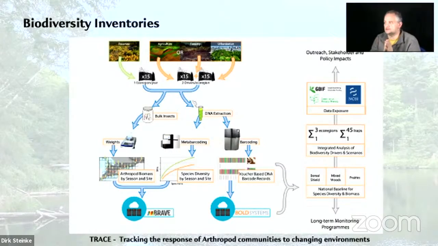You pick these traps and replicate them, several of them across different ecoregions of interest. And then here it's a bifurcating process. We do bulk sampling, we do metabarcoding with these samples, but then we also take an extract, especially from things obtained in the metabarcoding process that were new to us, and subject it to our other high-throughput, but still traditional, DNA barcoding routine.